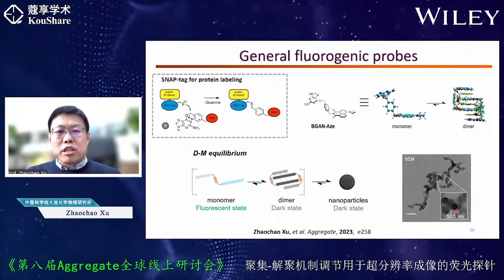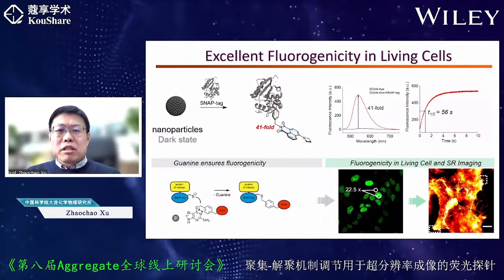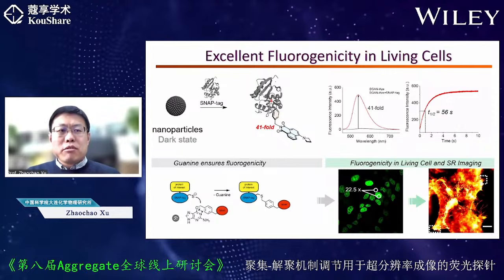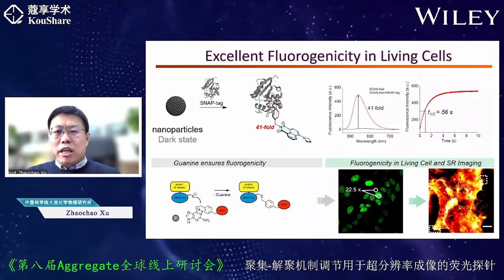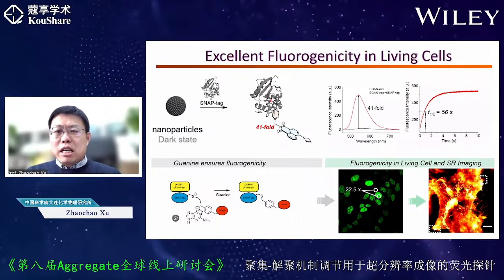Very good nanoparticles. And when these nanoparticles interact with the SNAP protein, they release the fluorophore from the quenching effect, leading to a significant fluorescence enhancement, 41-fold, and very quickly.